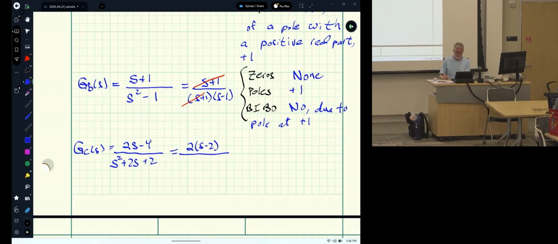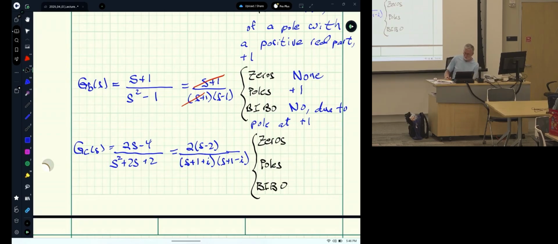So you get the roots of the first one, and then the second one is s plus 1 plus I times s plus 1 minus I. Zeros, poles, BIBO.